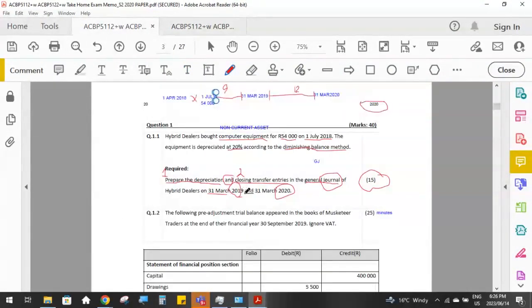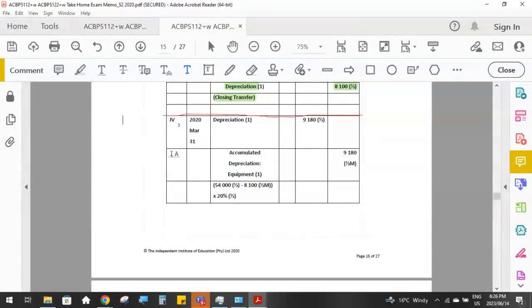So remember, in this year, we owned the computer right from the beginning of the year all the way to the end of the year. So our depreciation calculation, and again, I prefer to do it 54,000, which is its original cost.